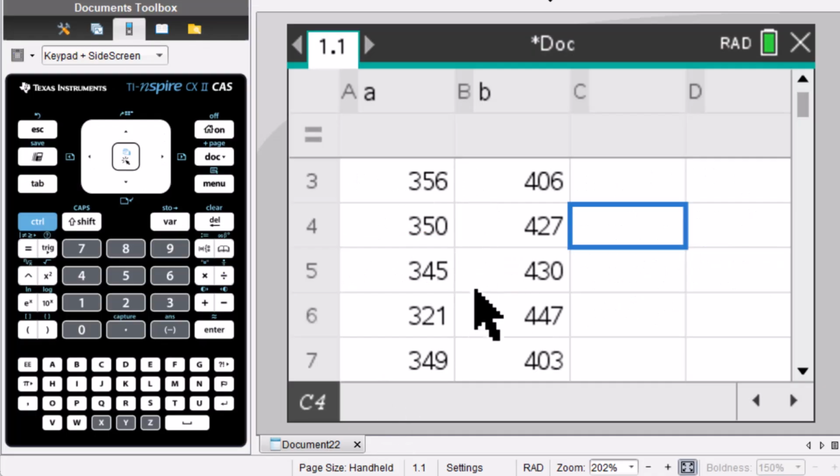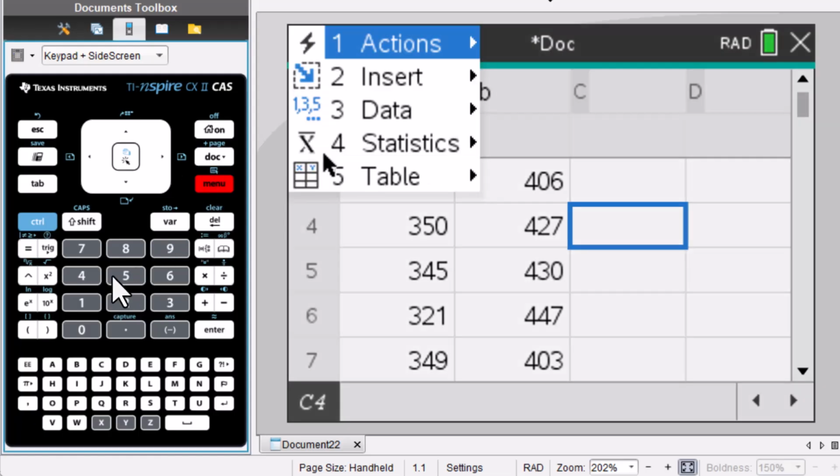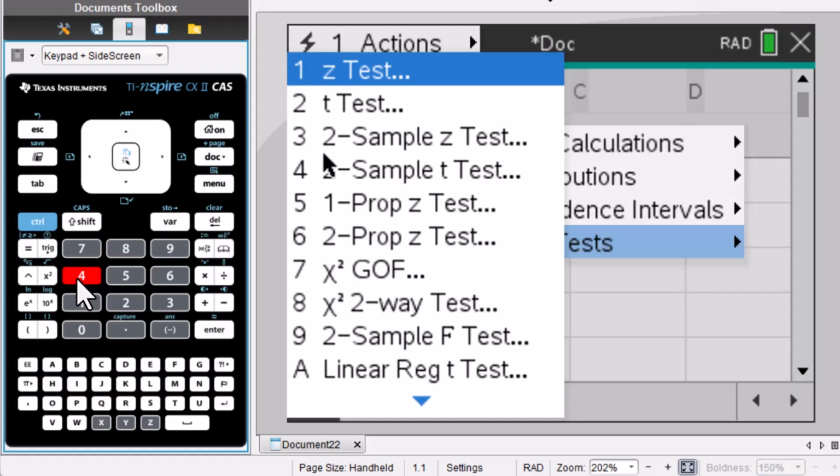We put all data into this spreadsheet. A for group A data, B for group B data. Go to menu, go to 4, go to 4 again. Go to two sample t-test, go to 4.